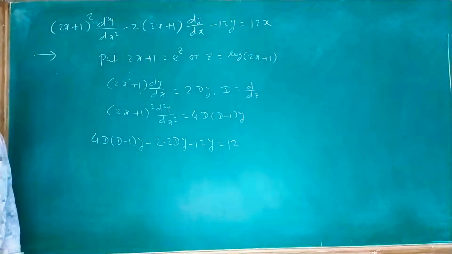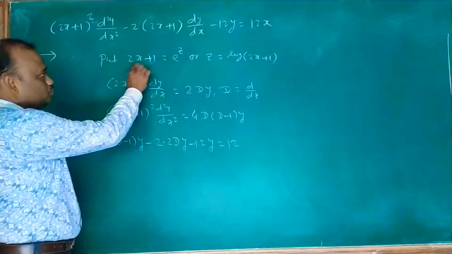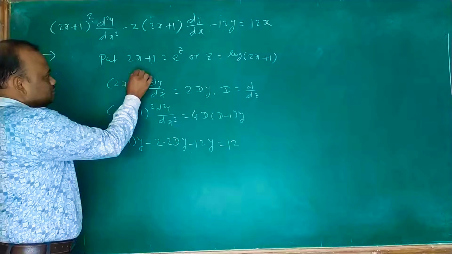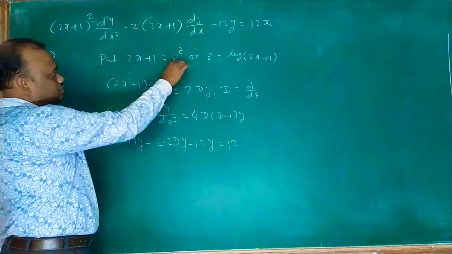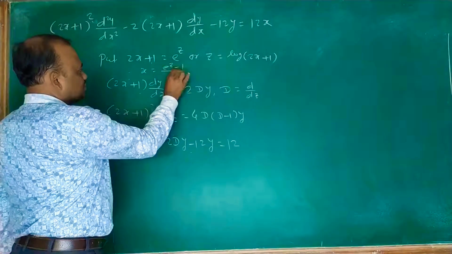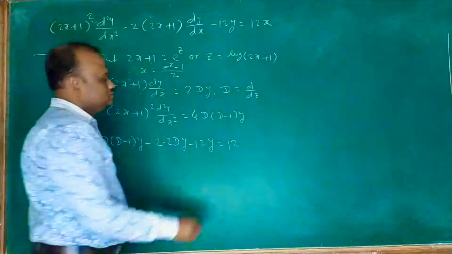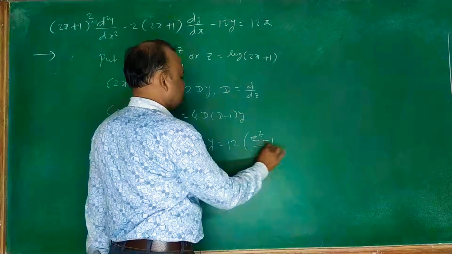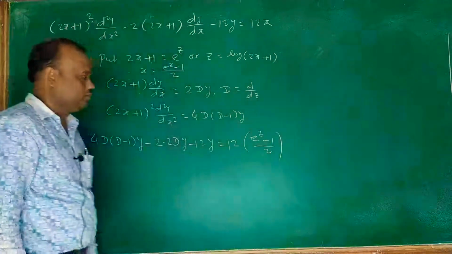For 12x, we want x in terms of z. So if you put 2x plus 1 is equal to e raised to z, then 2x is equal to e raised to z minus 1, and then x is equal to (e raised to z minus 1) upon 2.